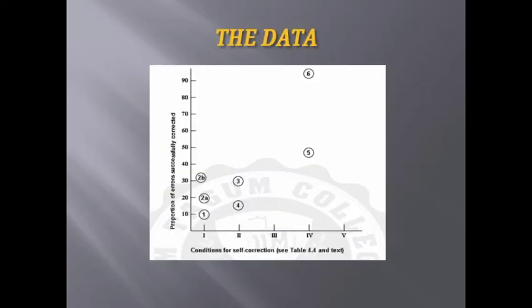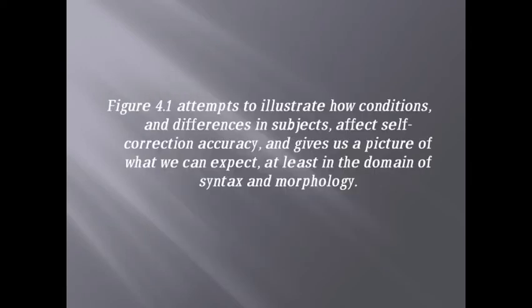The data. As we can see on this data, the horizontal line shows the proportion of errors successfully corrected, while on the other hand, the vertical line is the conditions for self-correction. Figure 4.1, or the data, attempts to illustrate how conditions and differences in subjects affect self-correction accuracy and gives us a picture of what we can expect, at least in the domain of syntax and morphology.